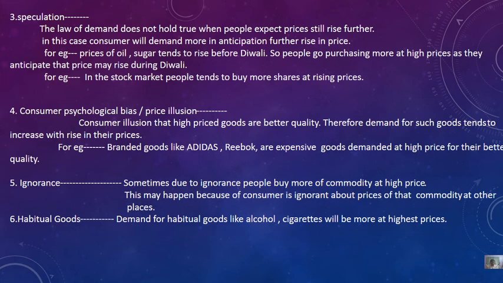Next, ignorance. Sometimes the consumer does not have proper market knowledge. Due to ignorance, people buy more of a commodity at a high price. This may happen because the consumer is ignorant about the prices of the same commodity at other places.